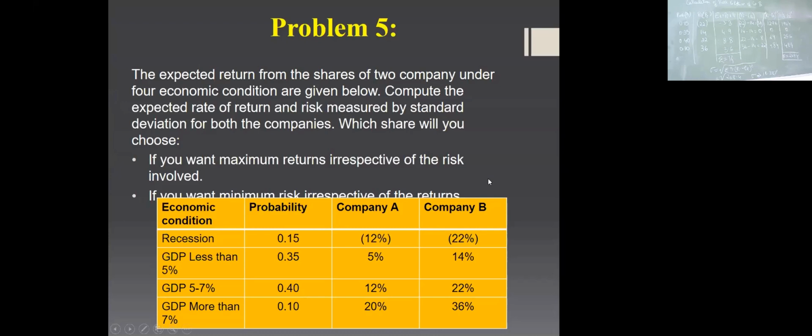So without considering risk, I am bothered only about returns. Based on returns, which company would you select? Yes, Grishma, you're right. Good, Bhavita. Lochan, you're also right. We would invest only in company B when compared to company A.